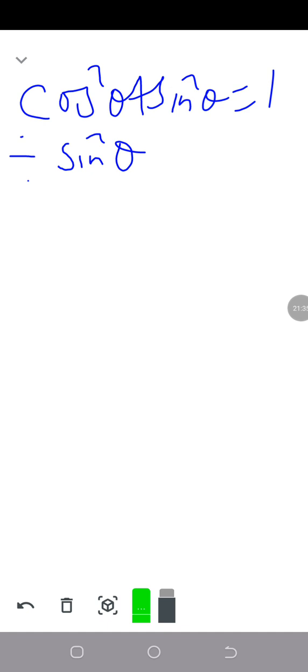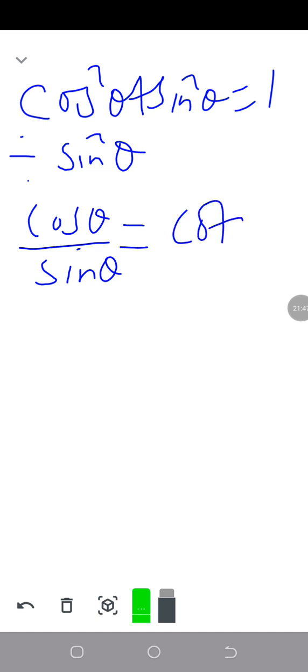Recall that cos theta over sine theta is the same as cot theta. Don't forget that.